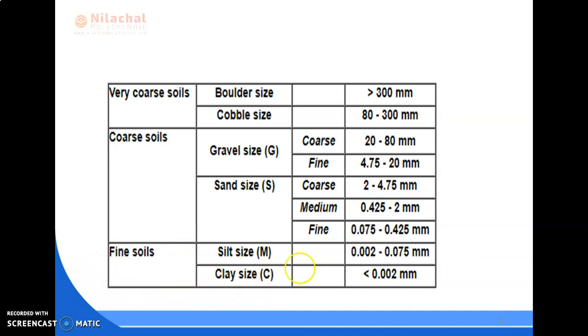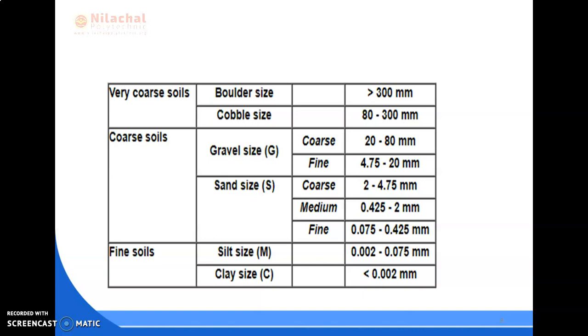Silt size, we represent it like M, capital M. All the letters are capital, like G, S, M, and the clay size is C. So, silts are particles smaller than the 75 micron sieve, identified by behavior: slightly plastic or non-plastic regardless of moisture, and exhibiting little or no strength when air dried, and its range is basically 0.002 to 0.075 mm.